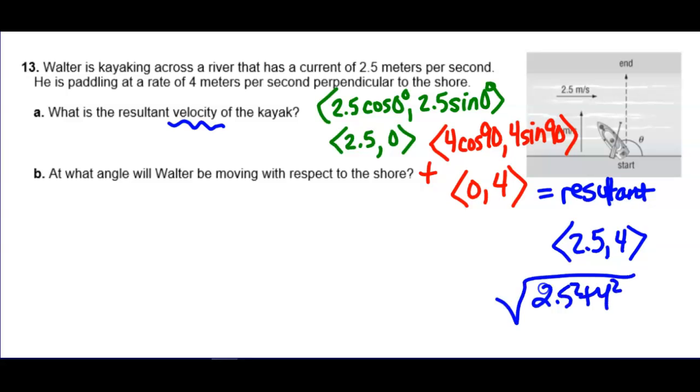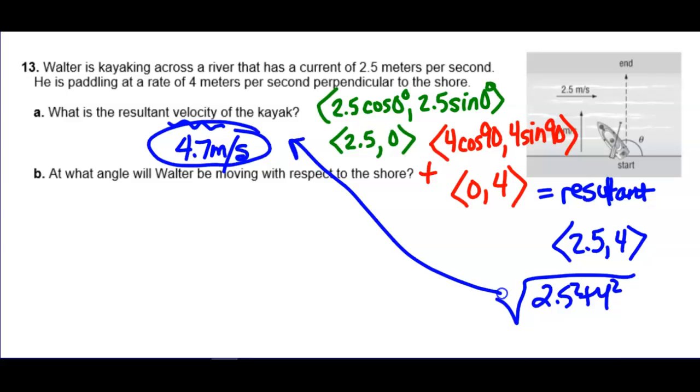So we're going to do square root of 2.5 squared plus 4 squared. Gives us a magnitude of 4.7 meters per second. And what angle will he be making with respect to the shore? Okay.